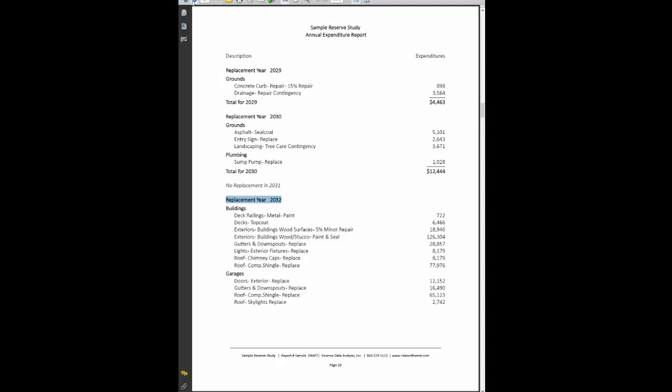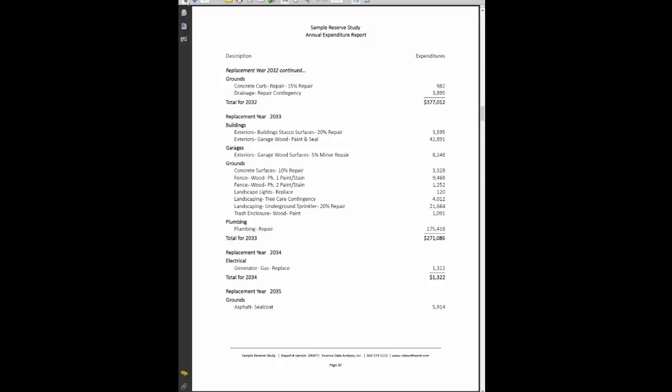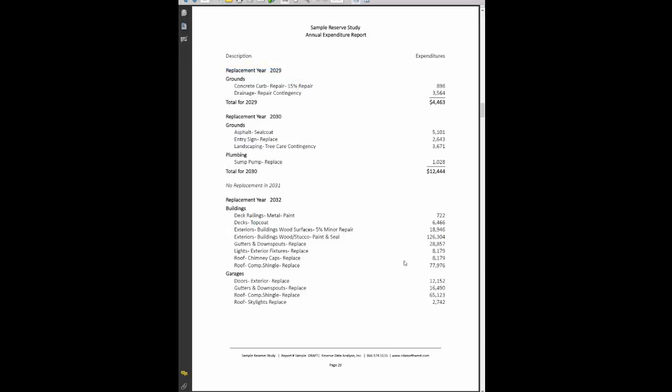And this one is broken across 2 pages. As you can see, replacement year 2032 continued. Most of them are on the first page. It looks like we have some of our large expenses related to the wood and stucco paint seal, as well as the roof replacement, and another roof replacement for the garages.